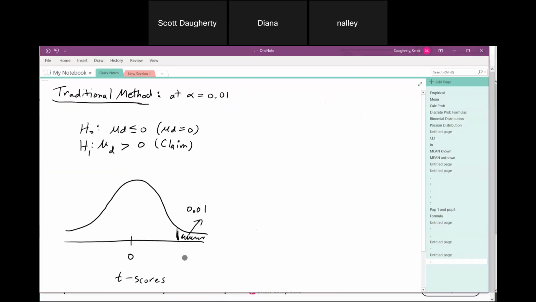And then you find the t-value, the t-score, where this occurs. And obviously it's a positive number, right? By the way, the degree of freedom, if you remember, is still n minus 1, one less than the sample size.